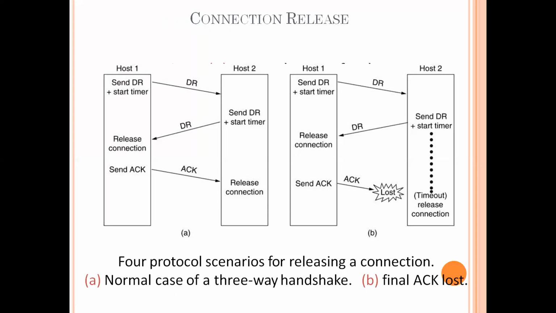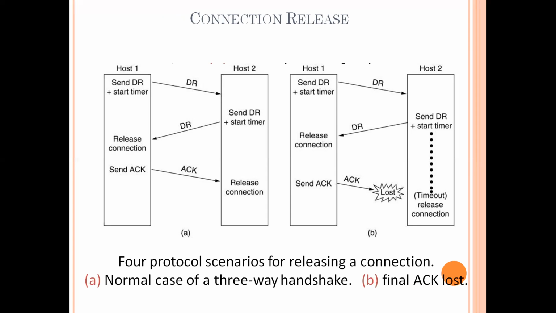Symmetric release does the job when each process has a fixed amount of data to send and clearly knows when it has sent it. One can imagine a protocol in which host 1 says, I am done. Are you done too? If host 2 responds, I am done too, goodbye, the connection can be safely released.